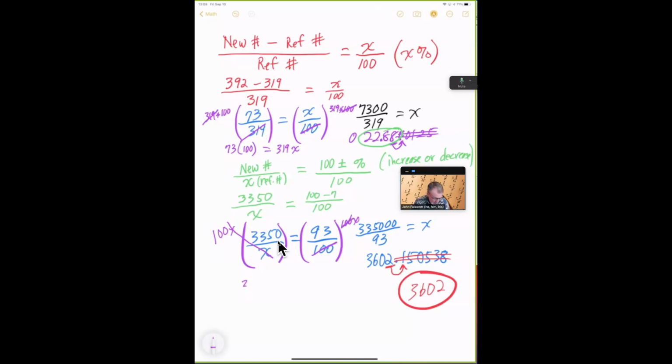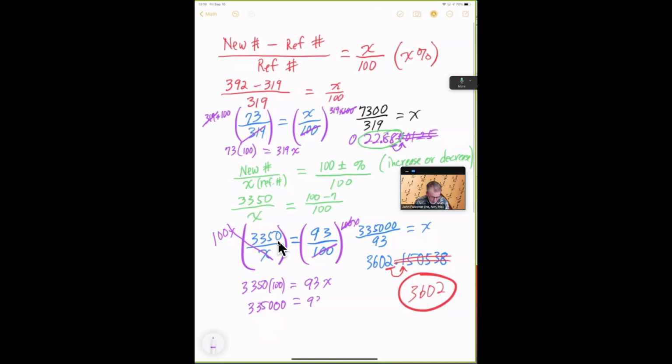So we have 3,350 times 100 is equal to 93x. And then if we multiply this out, we'll get 335,000 is equal to 93x. And then we divide both sides by 93 to isolate x.